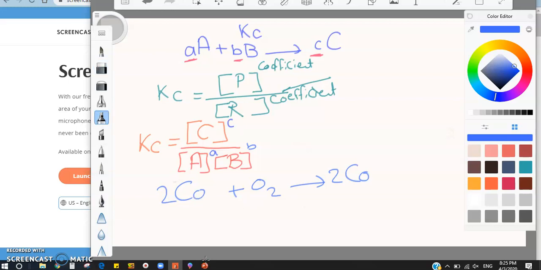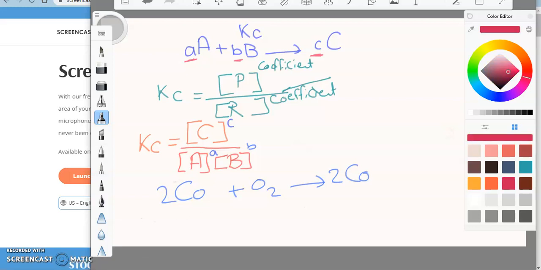Okay. Again, we can write down that Kc for this equation is equal to products over reactants. The concentration of CO, it's 2 here, right?